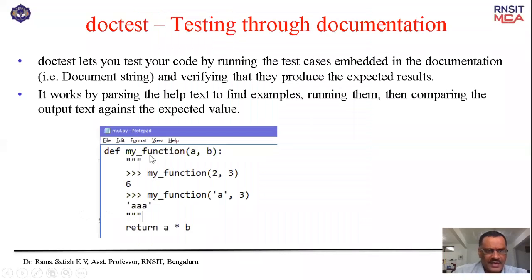In the previous slide, observe the name of the file: mul.py. This is the name of the file. I have written the same thing: my function with a comma b, which returns a into b, that is, the multiplication result of a and b. And you are writing test cases in the docstring.